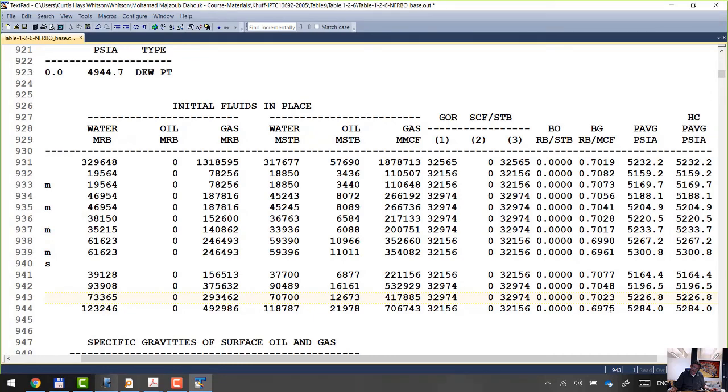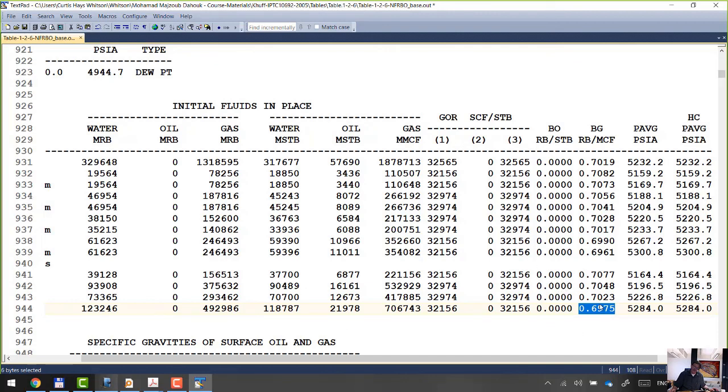Yeah. This is at pressure of 5284, 5164, and you see it's actually doing the interpolation for us here. And it's a little bit different because the depth difference between K1 and K4 gives a different initial pressure.